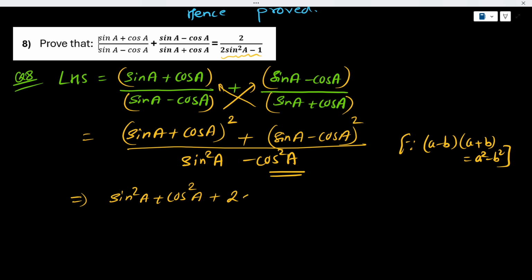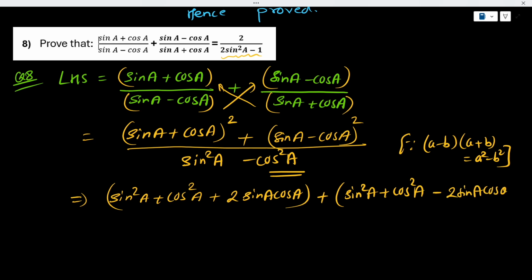So here I can write sin square A plus cos square A plus 2 sin A cos A in one bracket, and then plus, in the other bracket, sin square A plus cos square A minus 2 sin A cos A, right? You have used the identity for a plus b whole square and a minus b whole square.